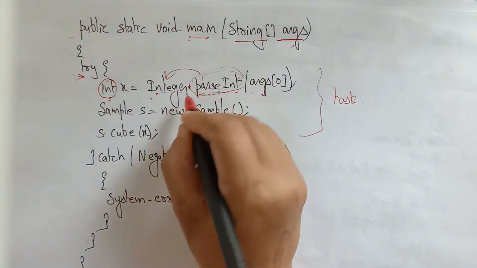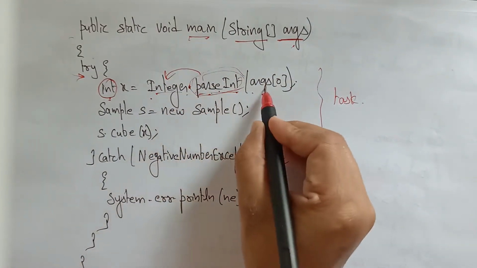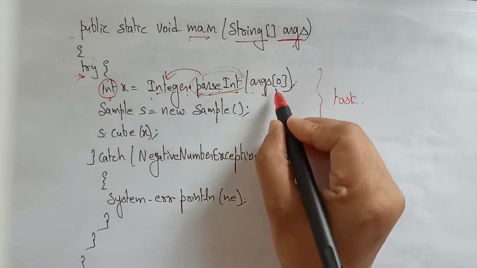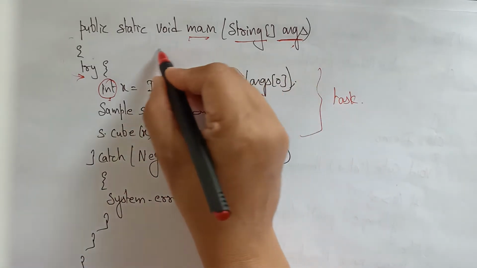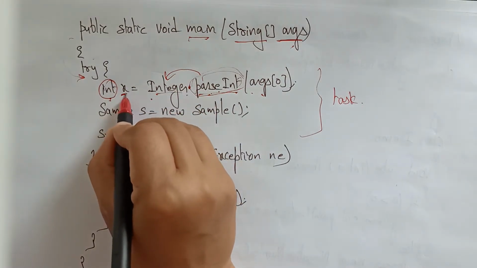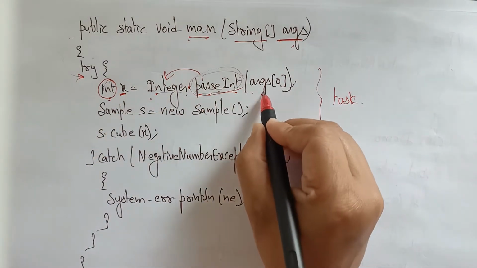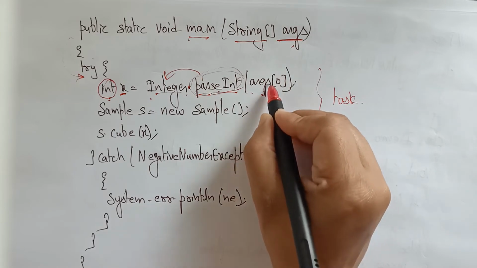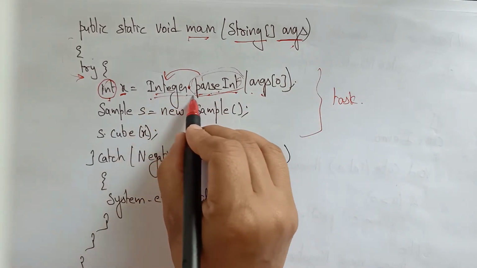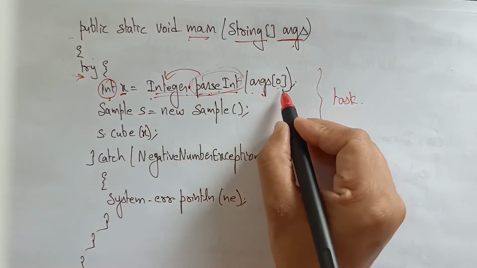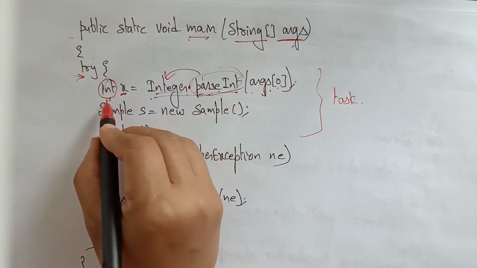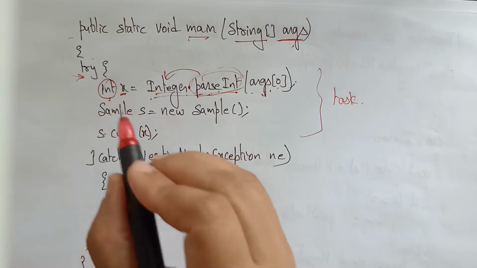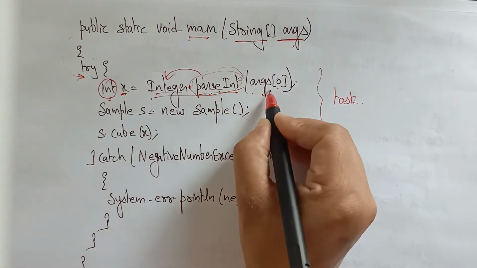So that's why Integer.parseInt(args[0]). Whatever argument you enter at the command prompt, that number is stored in x. Because the argument is of string type, but your return type is an integer, compulsorily you need to convert that.